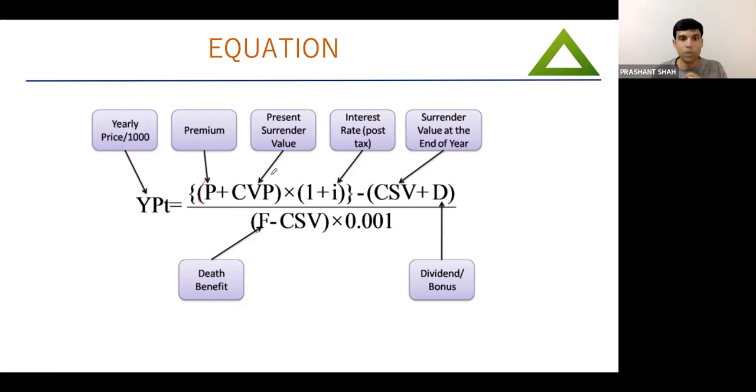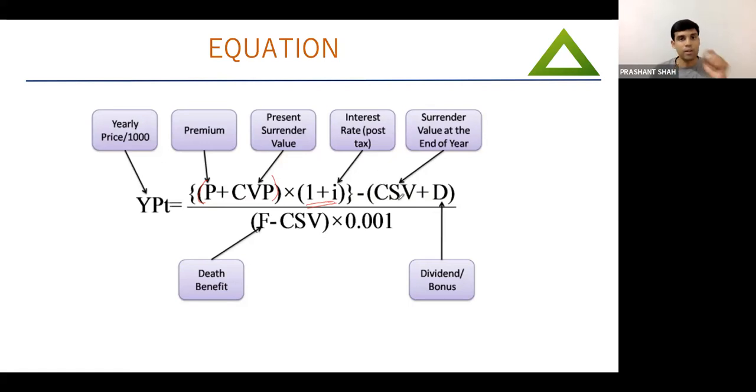These are the two things which are considered your investment in the policy at the start of the year. Now multiply that with your post-tax rate of return. If you surrender the policy and you also invest the premium along with it, how much would you accumulate on your own? This is the accumulation that you will have at the end of the year if you discontinue the policy and invest money on your own.